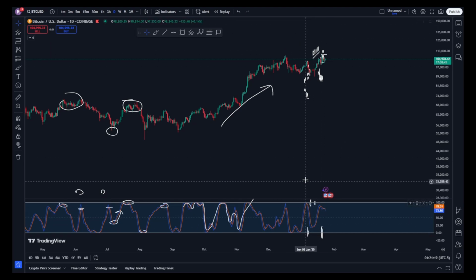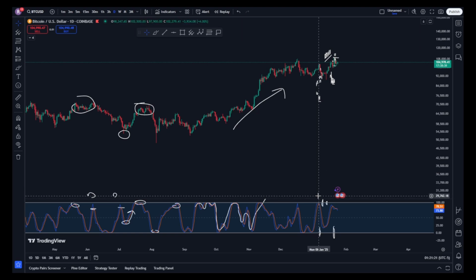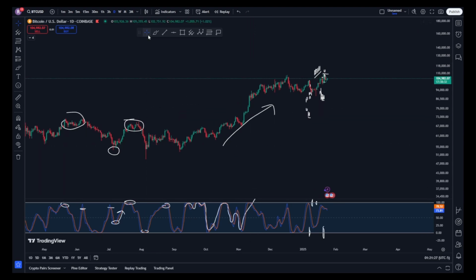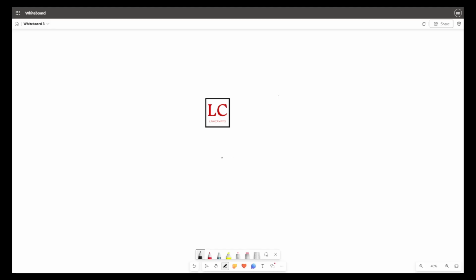This indicator is going to tell you when you need to look for those opportunities. This is your opportunity indicator. It is your confirmation that reversals are occurring. Look for the opportunities. So let's go back to this.